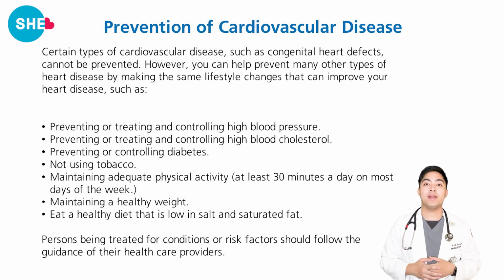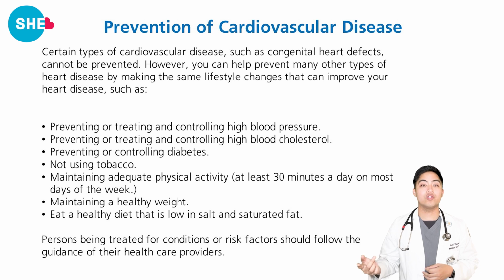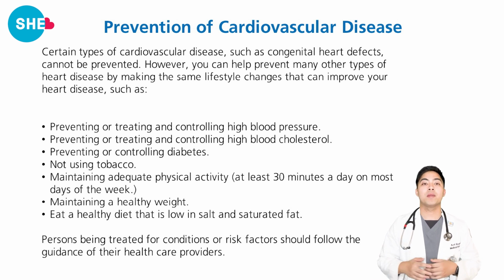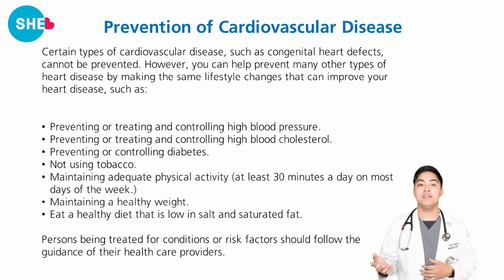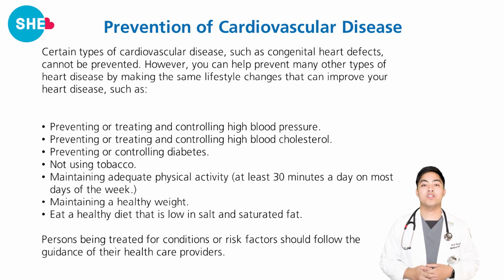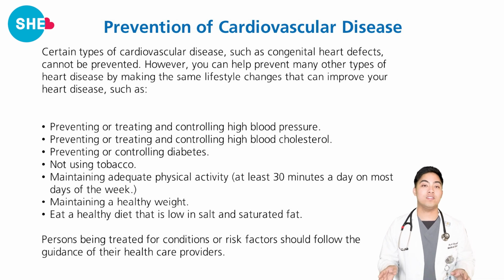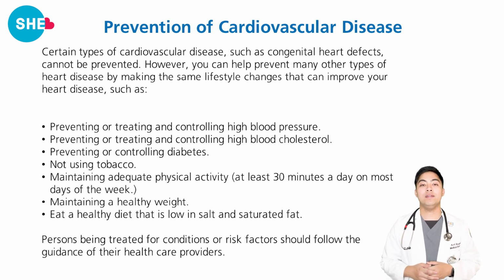However, you can help many other types of heart disease by making the same lifestyle changes that can improve your heart disease, such as preventing or treating and controlling high blood pressure, preventing or treating and controlling high cholesterol, preventing or controlling diabetes, not smoking or using tobacco, maintaining adequate physical activity, which is going to be about 30 minutes a day most days of the week, maintaining a healthy weight, eating a healthy diet that is low in salt and low in saturated fat. Remember, persons being treated for conditions or risk factors should follow the guidance of their healthcare providers.